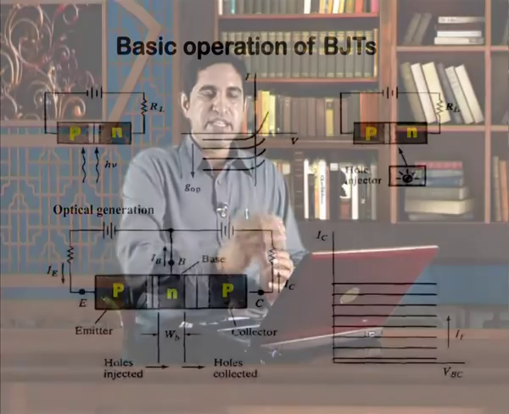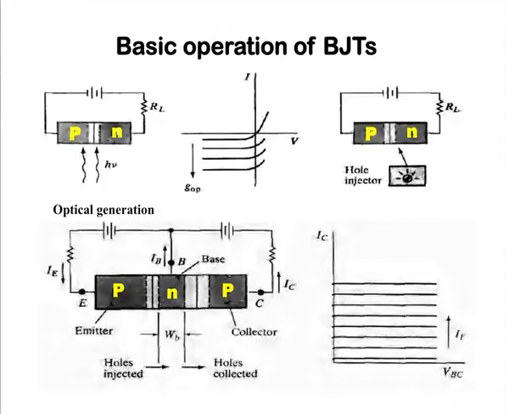When we inject these holes, they contribute to the current, and the reverse bias current can again be controlled by the hole injector. The reverse bias current depends on how much concentration we have injected near the depletion region.